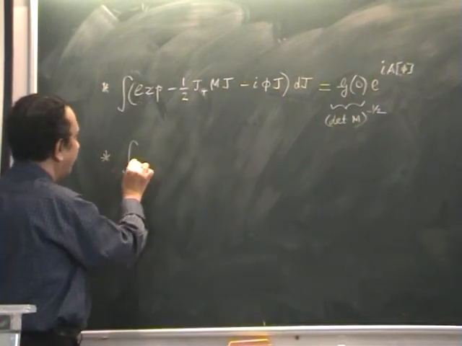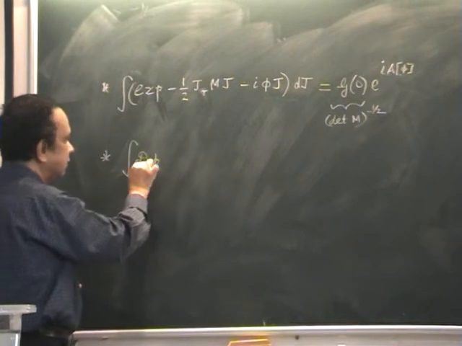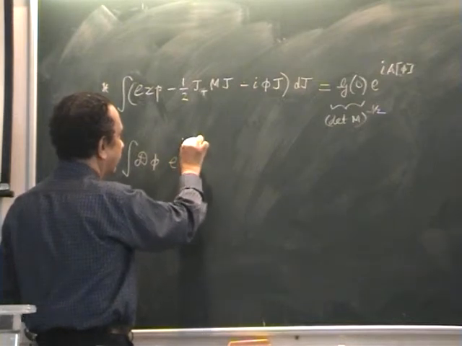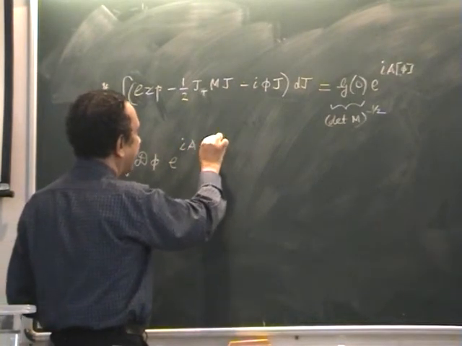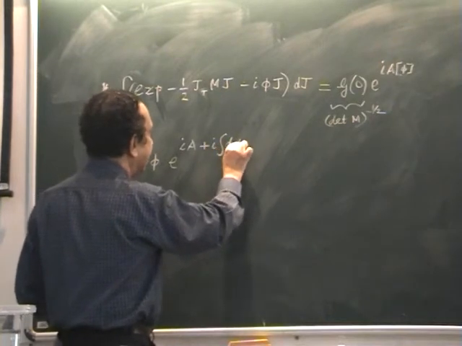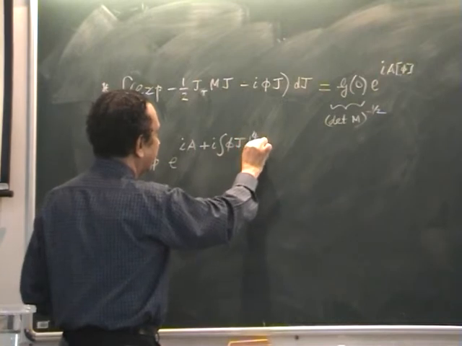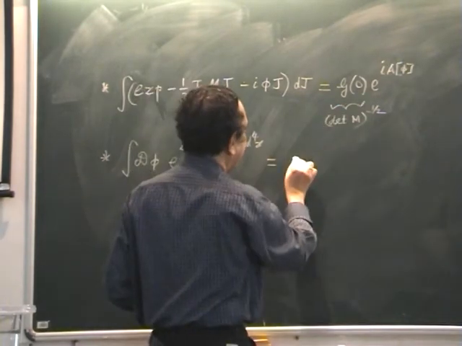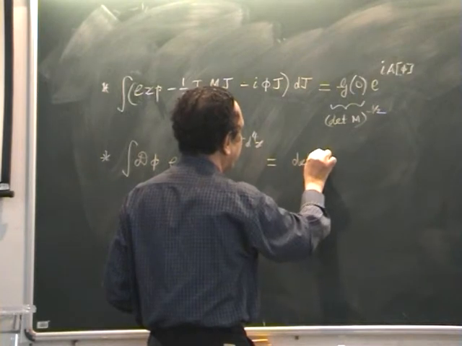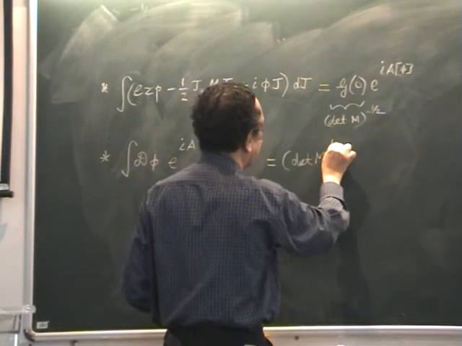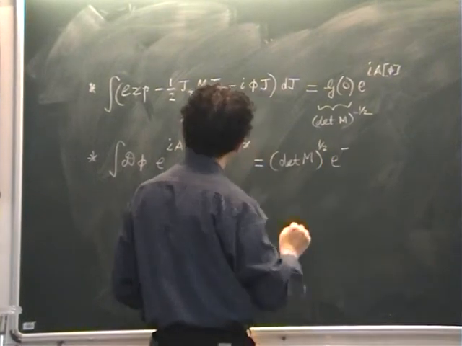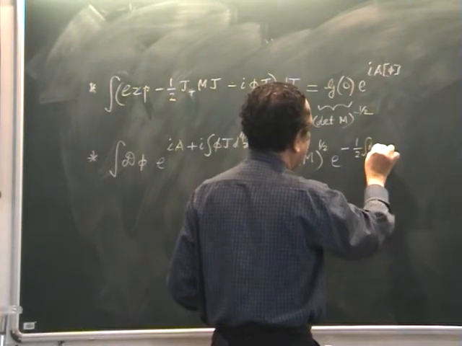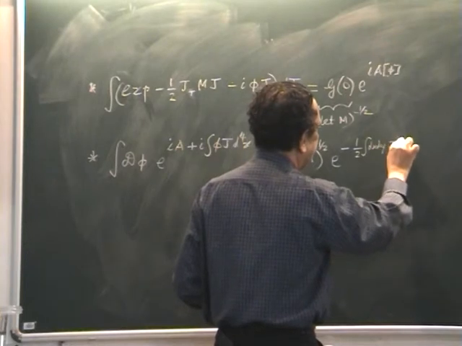They will say that the integral, let me write it down and then explain, of d phi, the exponential of the action plus i integral phi J d4x, is the quantity which, just that part, will be determinant of m to the power plus half, e to the minus half the integral dx dy J G m G J.